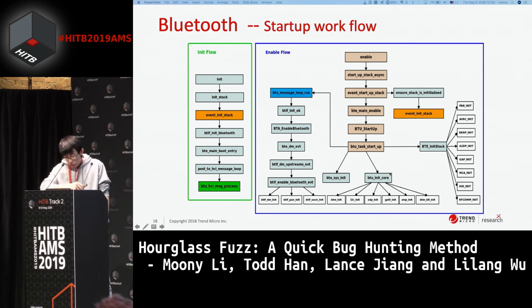If it's not, it will try to invoke a function in the event init stack to finish what the init flow should do. And if the init flow is done, then it's time to set up all the state machines and also their callbacks and the interfaces that will be used for each layer, each profile and each protocol.